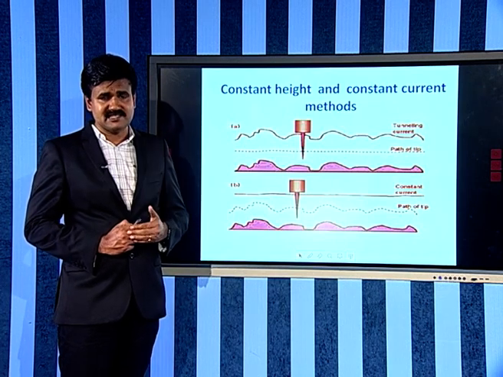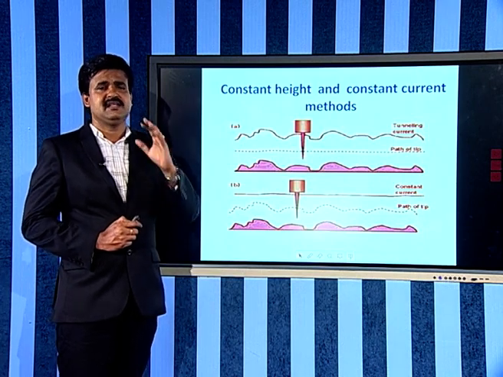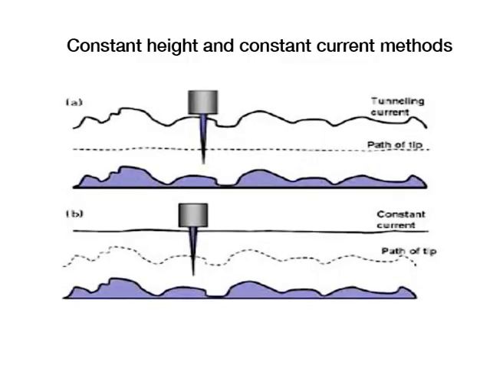The two variables are the height of the tip and the current. You can keep the current constant while the height varies, or vice versa. That leads to two recording possibilities: the constant height and constant current methods.